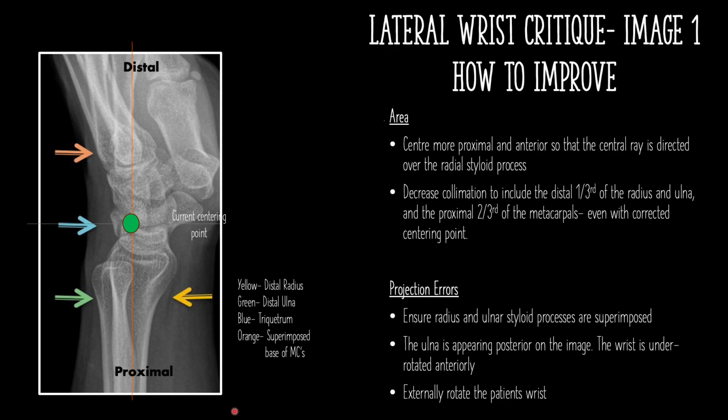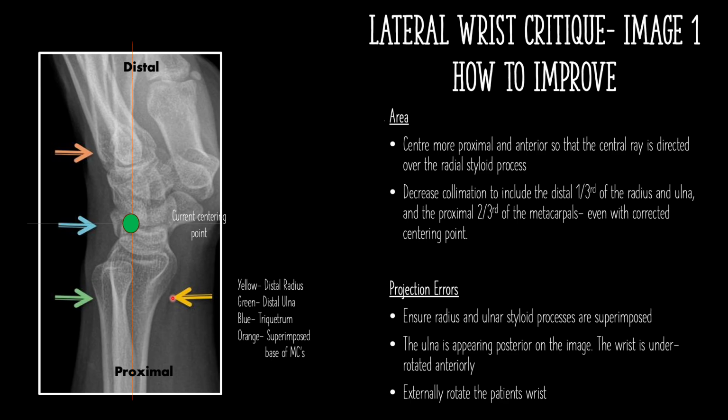As we know from our projectional errors in the last slide, we're going to ensure that the radius and ulna styloid processes are superimposed, and to ensure this happens, what we need to do is externally rotate our wrist. As we said, our distal radius is sitting anteriorly or at the palmar aspect, and the ulna is sitting at the posterior aspect, which is also known as the dorsal aspect.